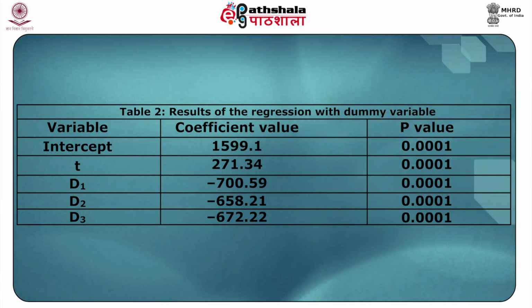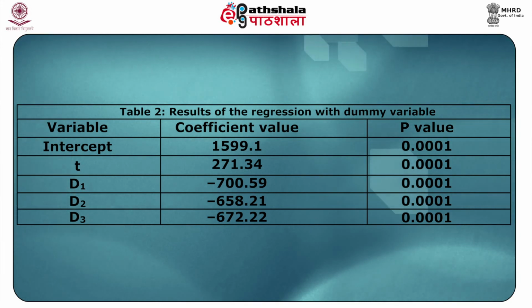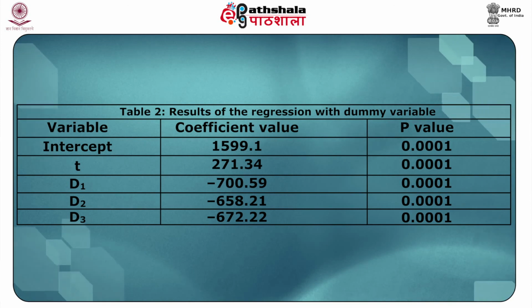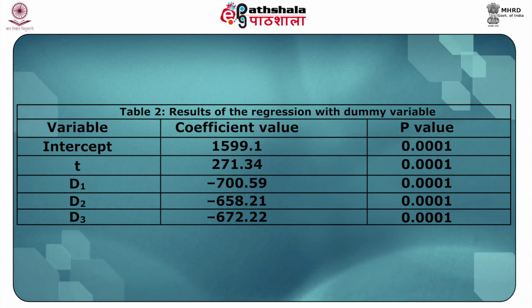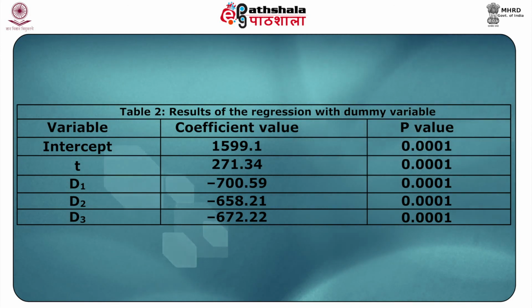P-value is 0.0001. For D2, the coefficient value is minus 658.21 and the p-value is 0.0001. For D3, the coefficient value is minus 672.22 and again the p-value is 0.0001.